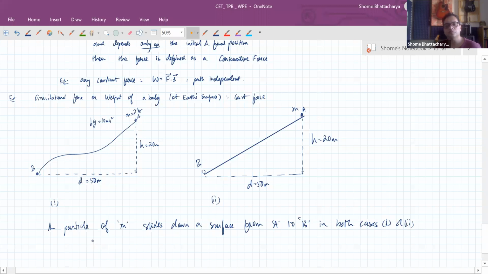We have to find the work done by the gravitational force. So we'll see that there are two different paths as the body is moving. One path is like this. One path is like this.